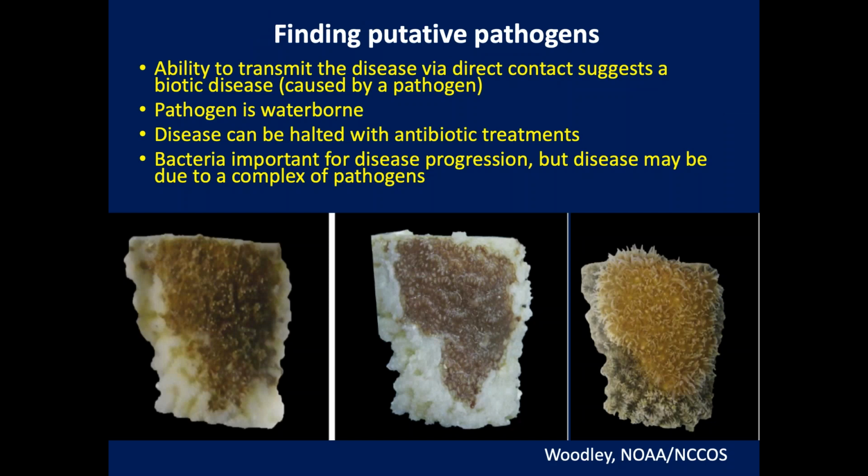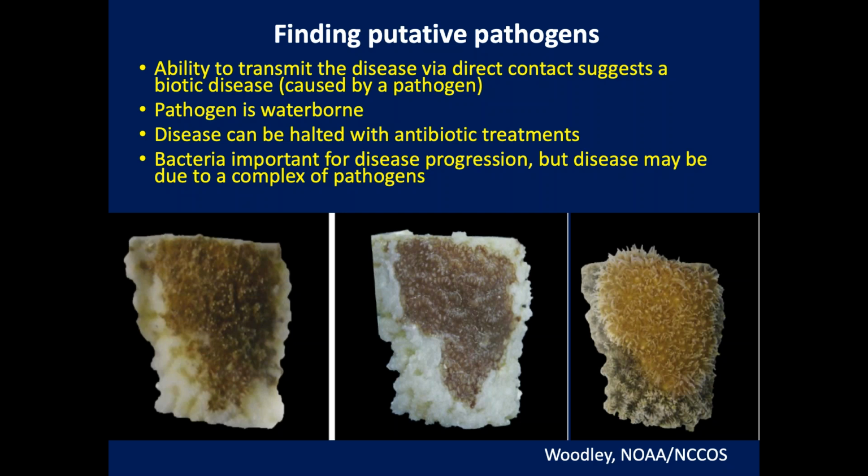So I want to just switch gears and end my part of the talk with a little bit of information on what we've learned about potential causes of this disease. We know that the disease is caused by a living organism because it can be readily transmitted from a diseased coral to apparently healthy coral through direct contact.